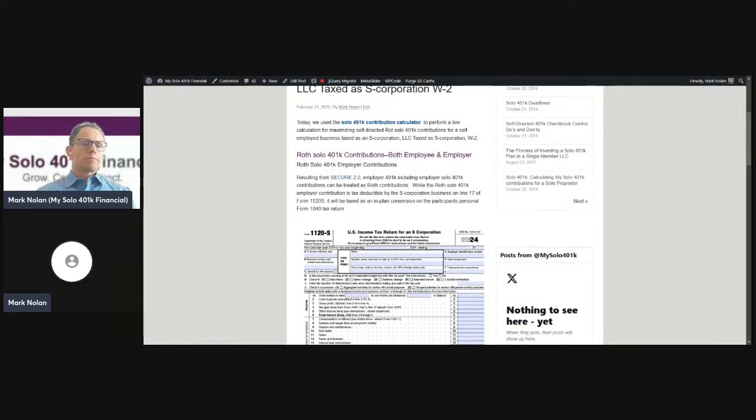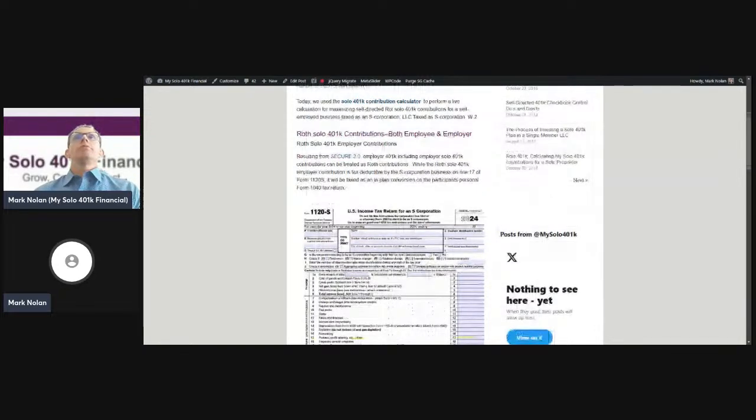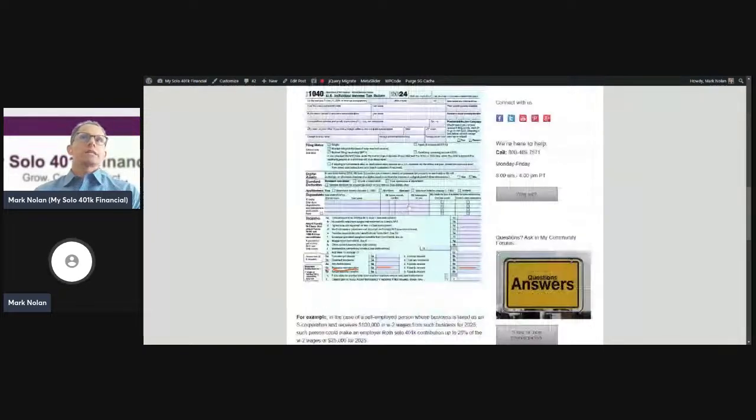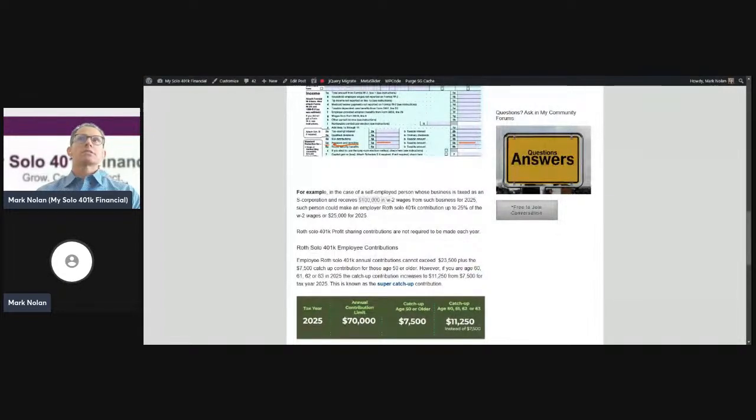The employer Roth contribution limit for tax year 2025 is going to be 25% of your W-2 wages. For example, if you pay yourself $100,000 of W-2 wages for tax year 2025, because your self-employed business is an S corporation or an LLC taxed as an S corporation, you're going to be able to contribute 25% of $100,000 as an employer Roth solo 401k contribution.